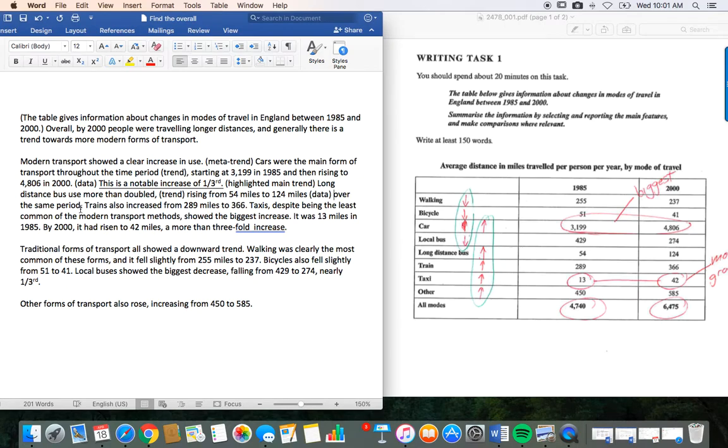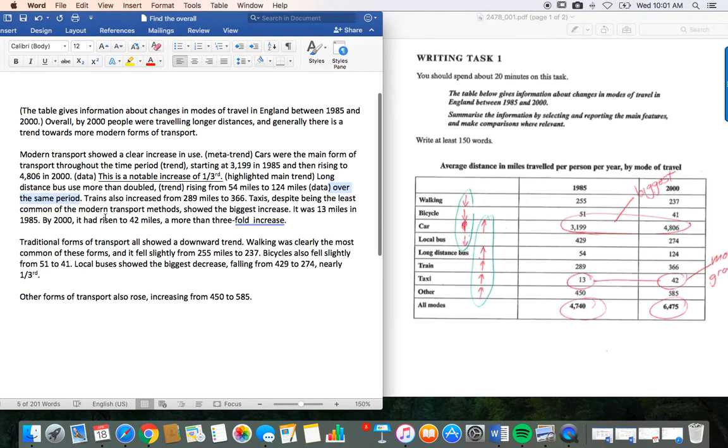Over the same period. And that's, again, really nice. Over the same period, I'm demonstrating a very good use of connection. So I've mentioned here, throughout the time period, over the same period. Very nice. The examiner will love that. Well, they will be able to give you the higher score that they want to give you.